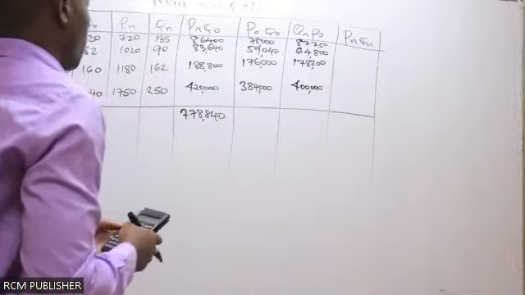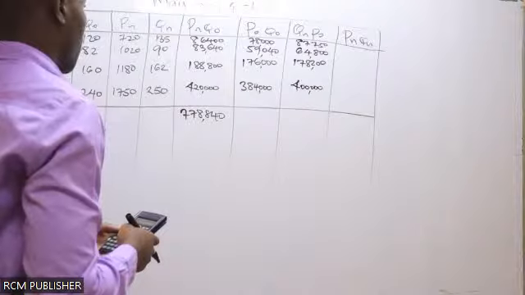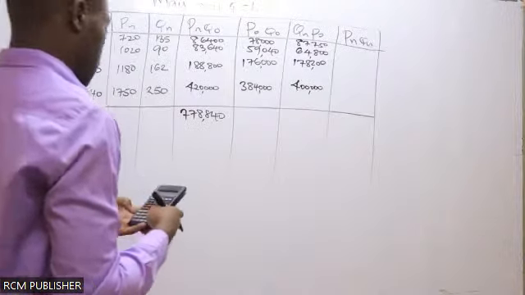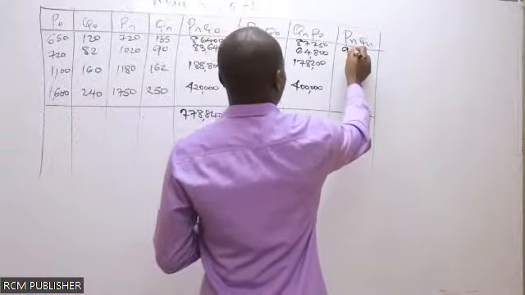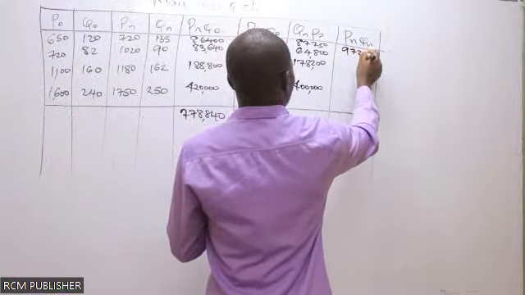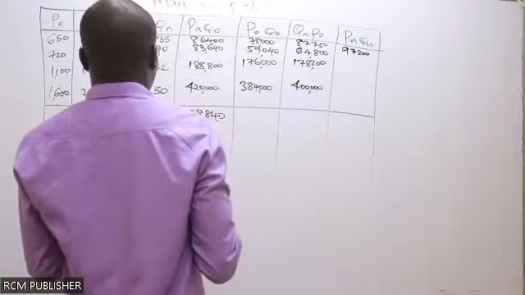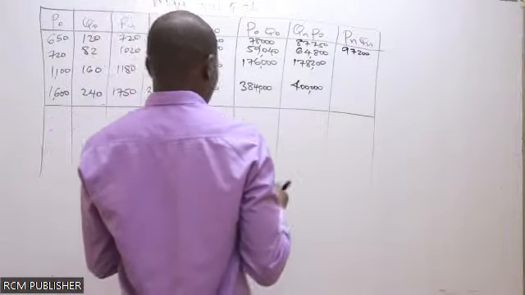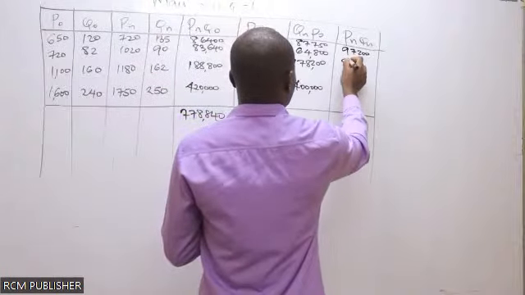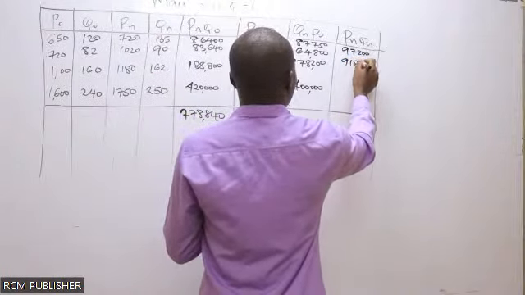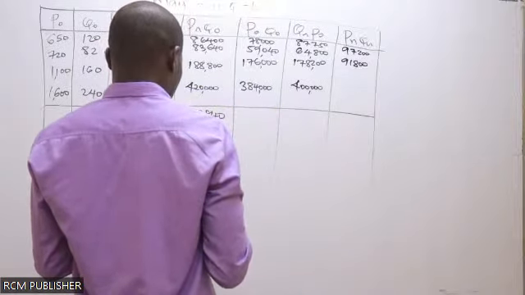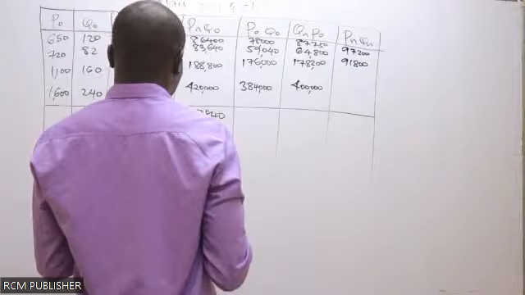Then we move to PN, QN. PNQN, that is 1020 by 90, 91. Then 1180 by 162.